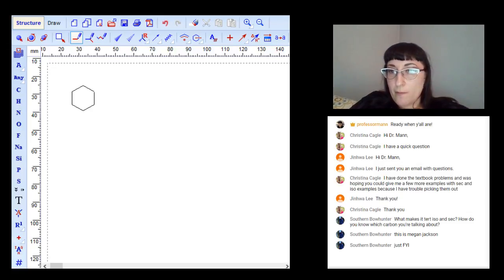And if you remember, the TERT means tertiary, SEC means secondary, ISO means equal on either side, so those words do have meaning.